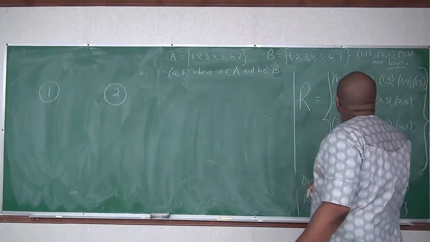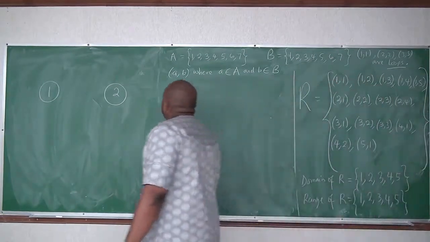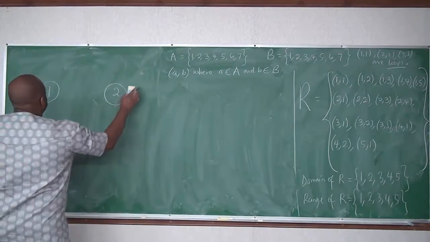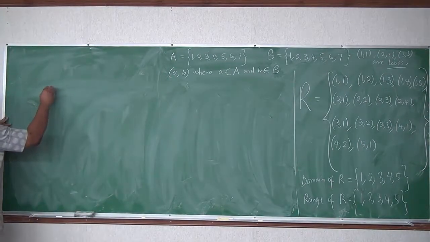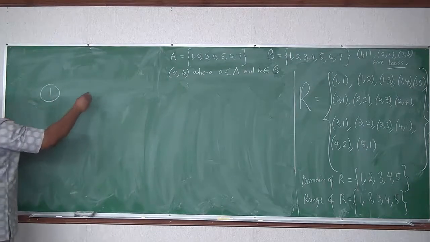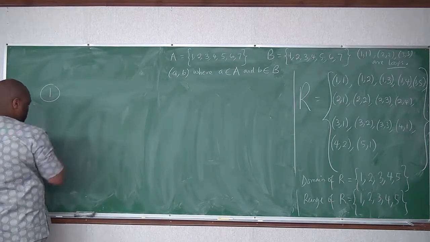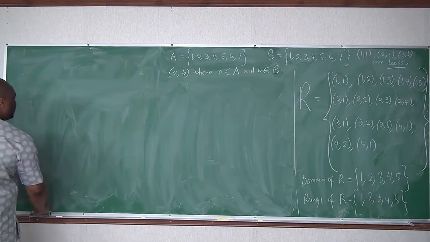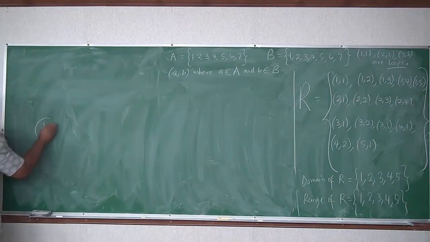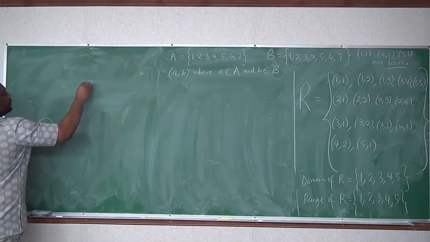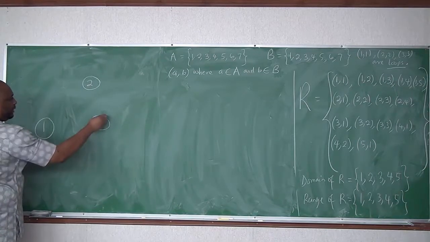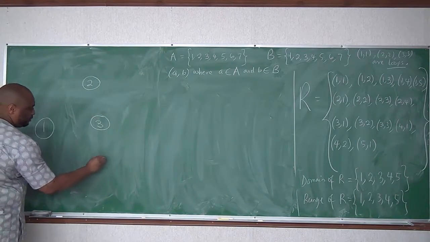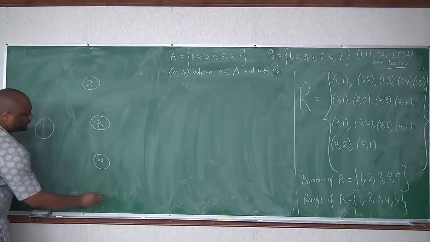So we can have maybe something that looks like this. Let's have our 1 here. 1 relates to 2. 1 relates to 3. 1 relates to 4. 1 relates to 5.